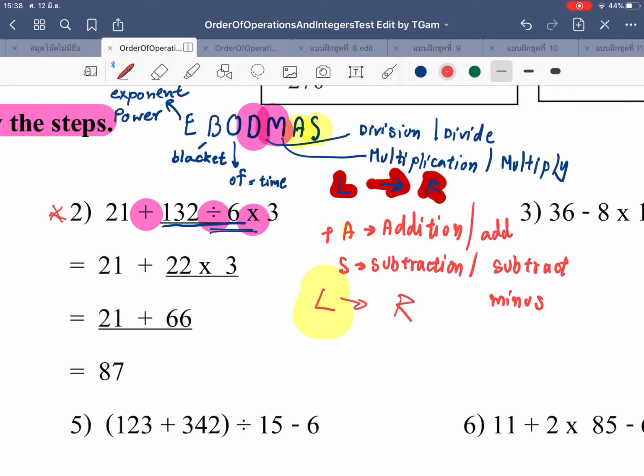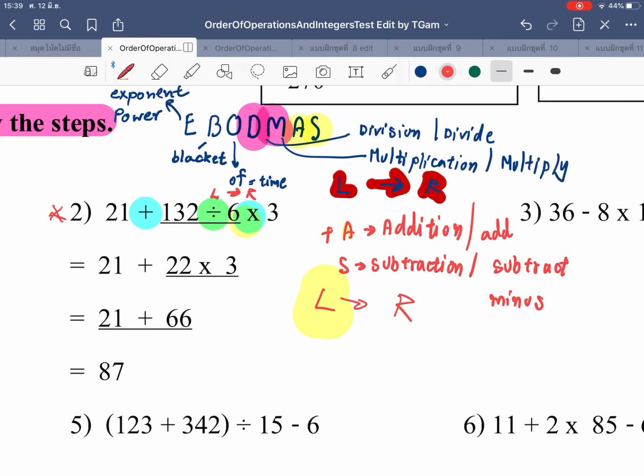Same as this number 2 question. You have addition, add, divide, multiply. So you have divide and multiply at the same level. What you're supposed to do from here is go from left to right.